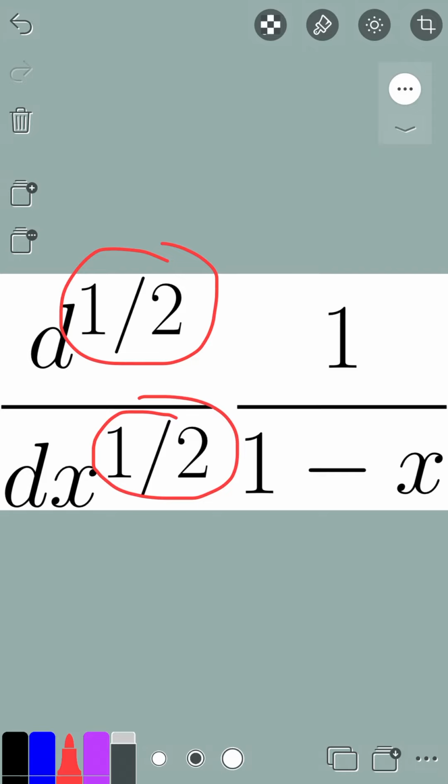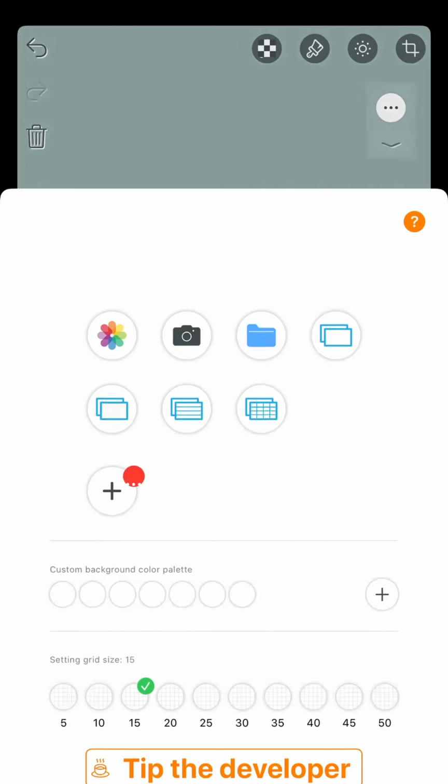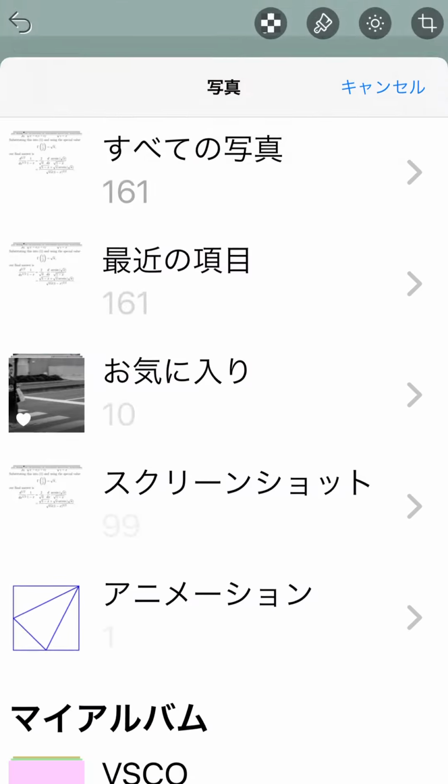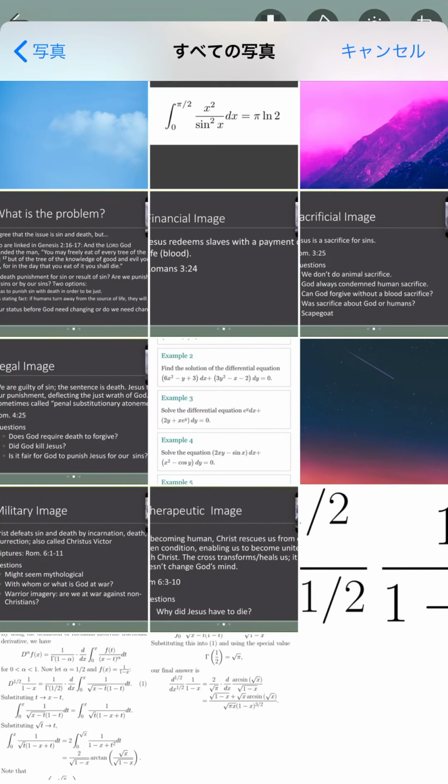Anyway, the orders of the derivative don't have to be integers. They can be fractions, any real numbers, or maybe even complex numbers. In this video I'm going to show you how to find the 1/2 derivative of 1 over 1 minus x. So let's move on to the solution.